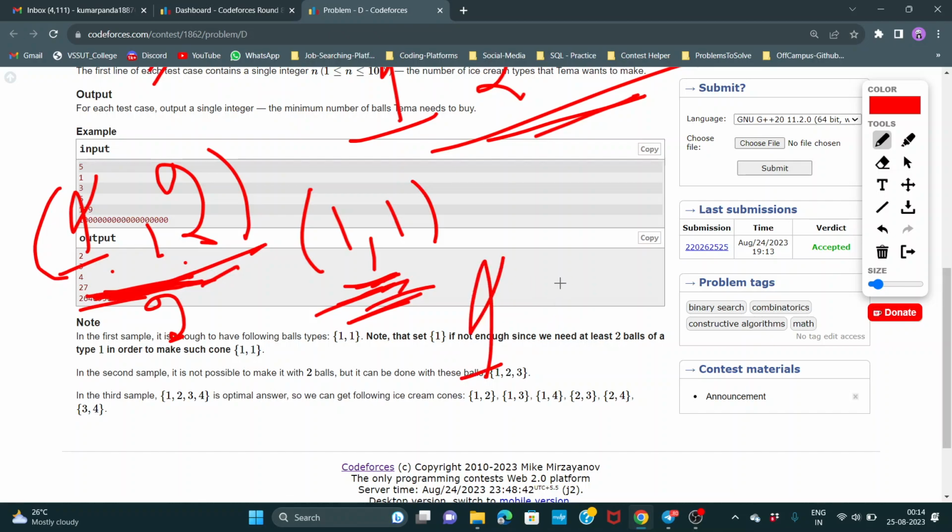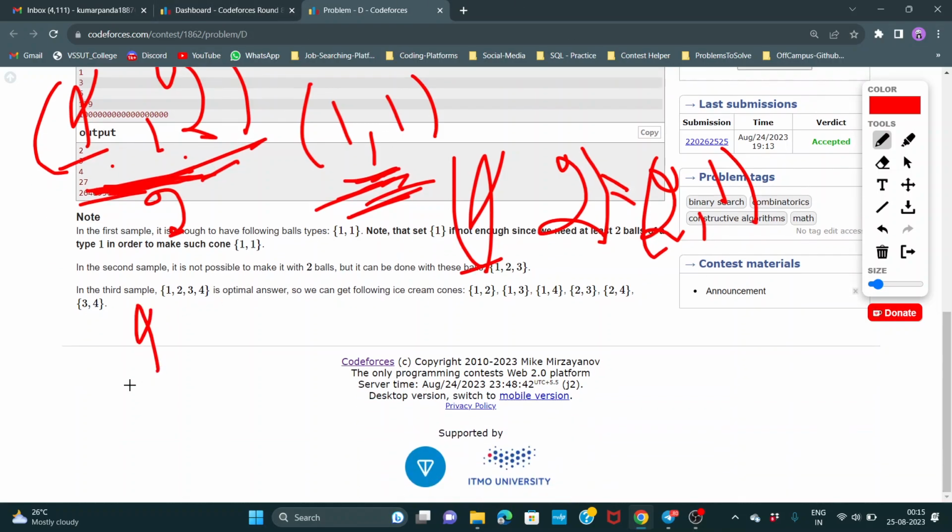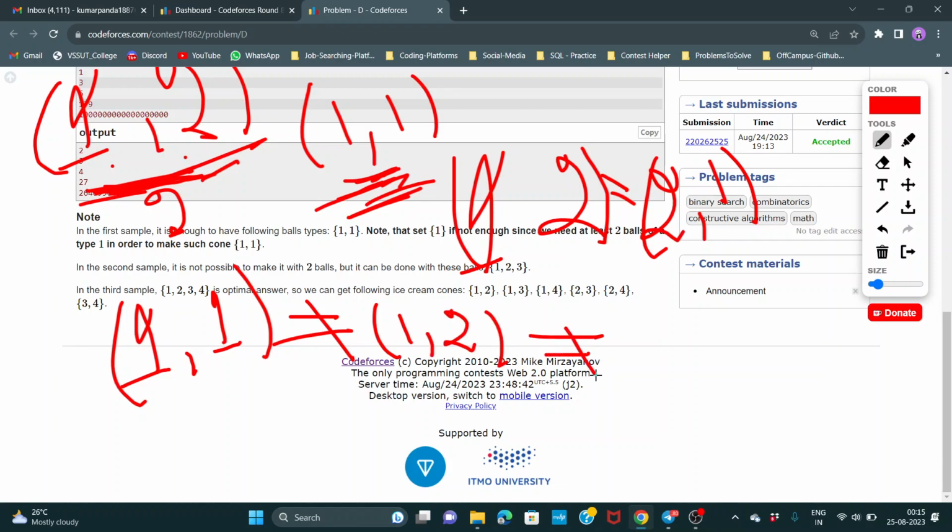See, 1 and 2, and 2 and 1, these two are equal. But 1 and 1 is not equal to 1 and 2, and is not equal to 2 and 2, right?